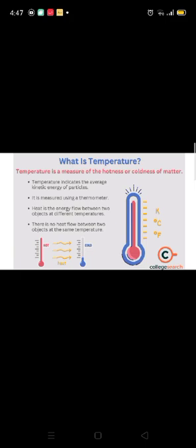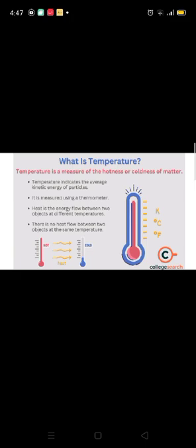Because each particle has its own kinetic energy, so combined, the kinetic energy of all the particles inside a substance or inside a body, which is called its average kinetic energy, is called its temperature. I hope you understand the definition of temperature.